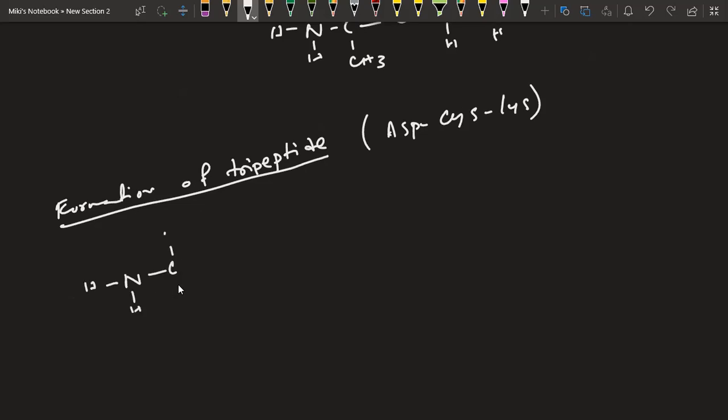the NH amine, and we have CH2 COOH, which is our aspartic acid, and we have our COOH.